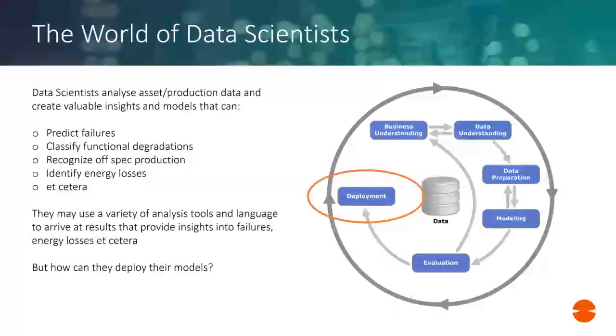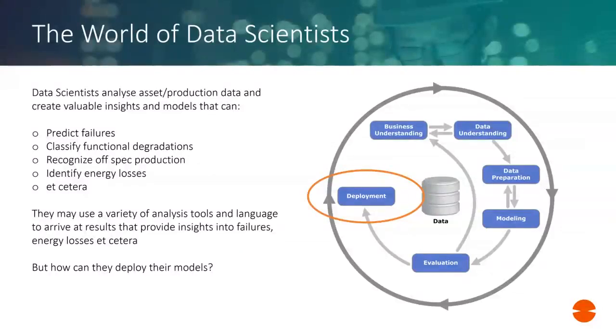So the world of data scientists is where the data is analyzed to gain insights. Different analysis models are tried and tested to see if you can predict a certain failure or degradation on your assets or process and determine the remaining useful lifetime such that you can optimize the planning and prevent unwanted outages.